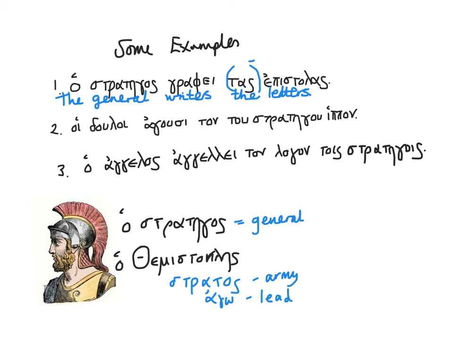Let's have a look at the second example. This begins with the nominative plural word, the slaves, hoi douloi. The slaves, agousi. Now this is a verb which we just saw a moment ago at the bottom of this screen. The slaves lead. Now, what follows next?